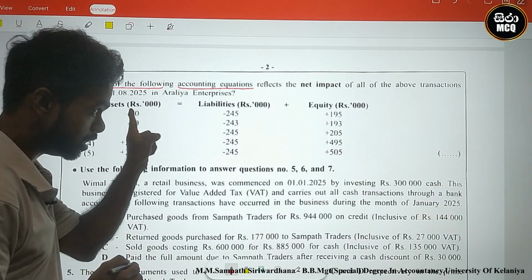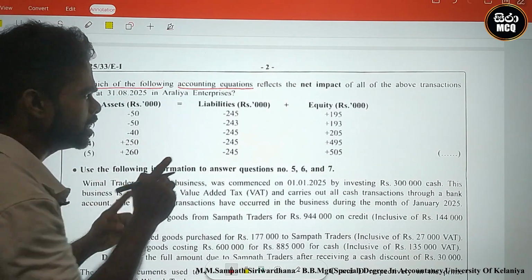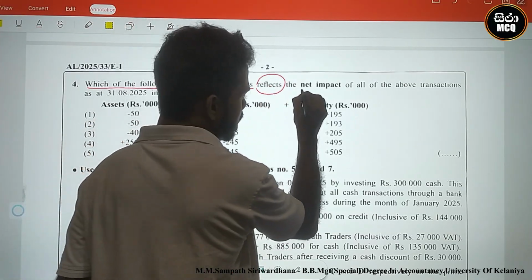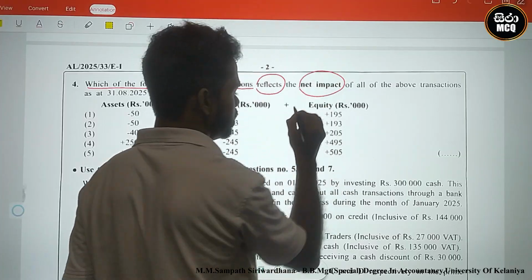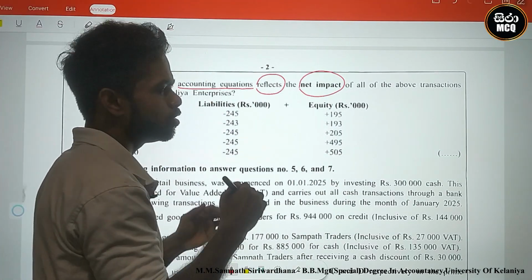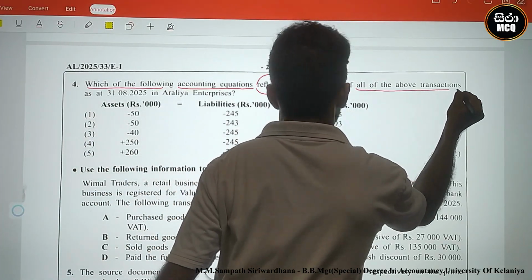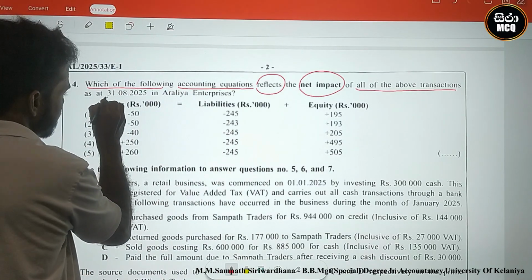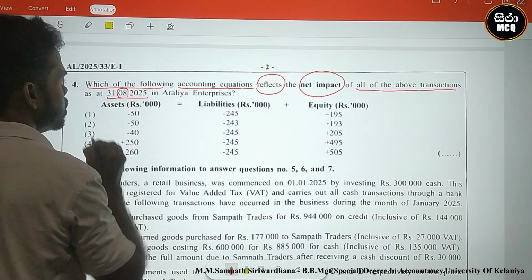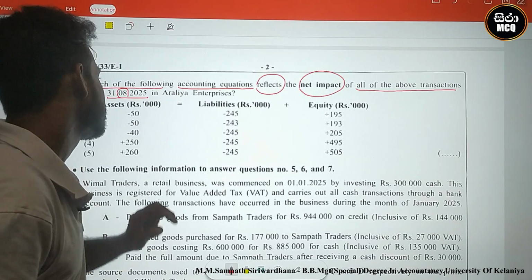Which of the following accounting equations reflects the net impact, the final impact of all the above transactions as at 31st August 2025, the month end, in R&D Enterprises?